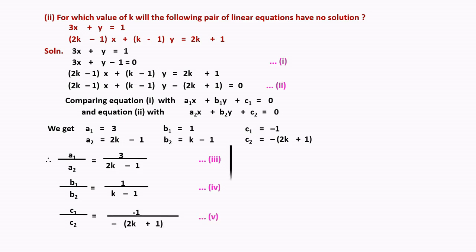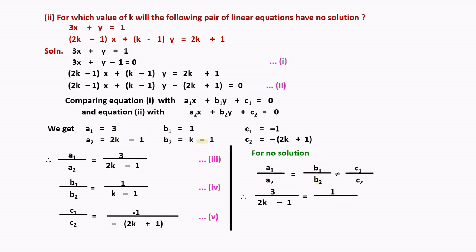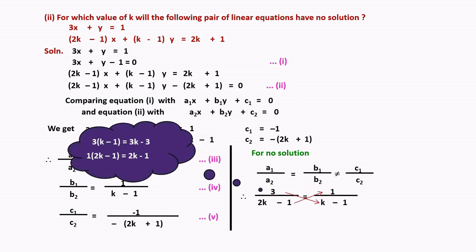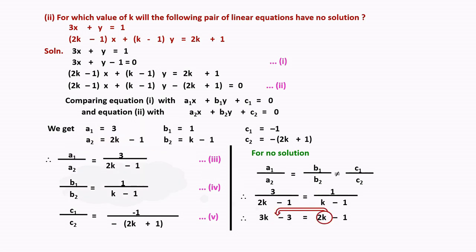So first compare 3 by (2k minus 1) equals 1 by (k minus 1). Cross multiplying, 3 times (k minus 1) equals 1 times (2k minus 1). This gives 3k minus 3 equals 2k minus 1. Now solve. 3k minus 2k equals minus 1 plus 3. So, k equals 2.